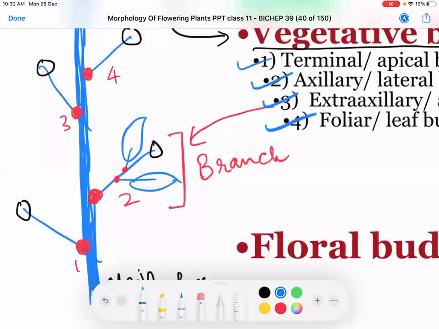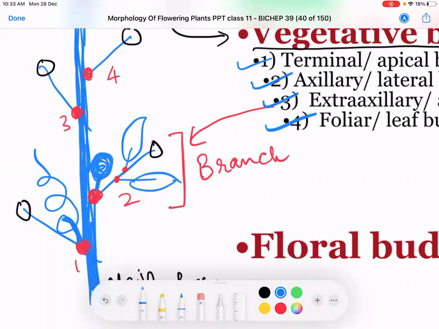For example, if the bud is producing fruit, or any other special structure, for example, climbers produce a specific type of structure.